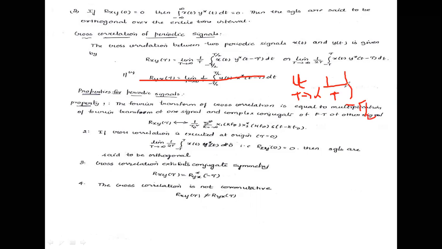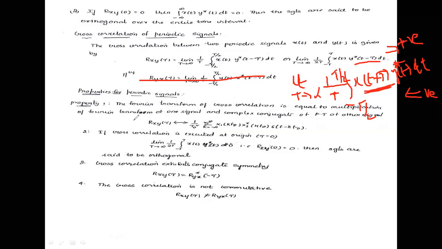The integral from minus T by 2 to T by 2, you can write this as x of t plus tau and y star of t dt. This is for the negative direction and this is for the positive direction. Got it, my dear students? See, x of t minus tau, and here x of t plus tau, and take the star here.